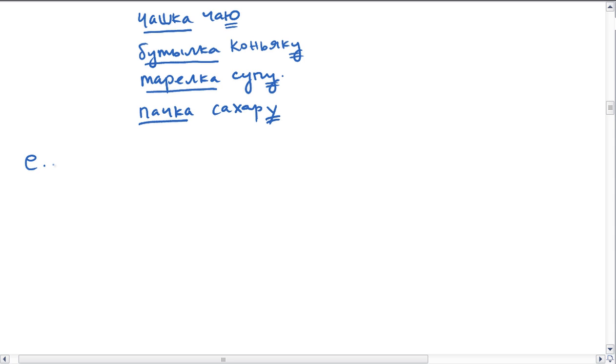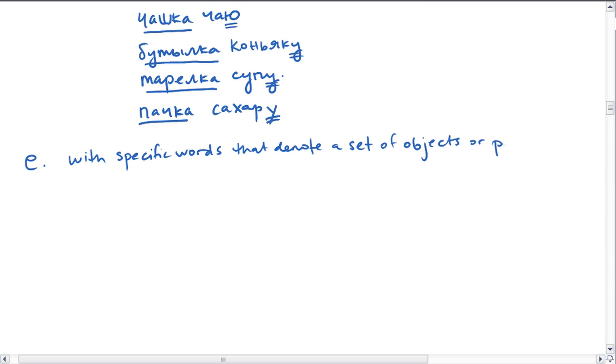We also use the genitive case for measure and quantity with specific words that denote a set of objects or persons.